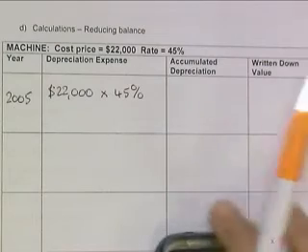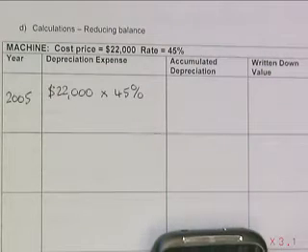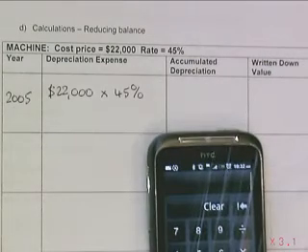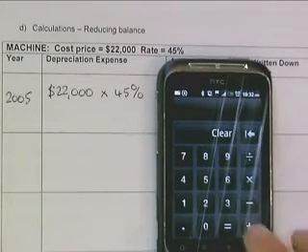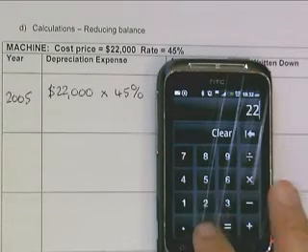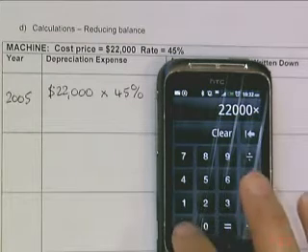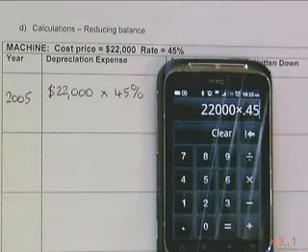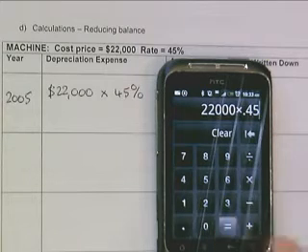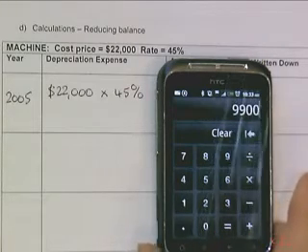So let's do that. We're going to put in 22,000 and we'll multiply that by 45%, which is the same as 0.45, and that will give us an amount of $9,900.